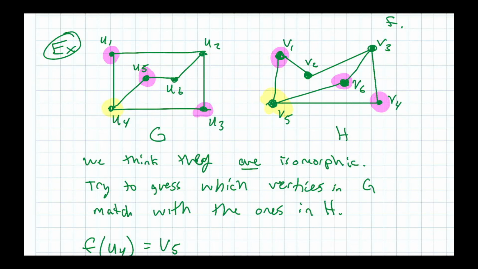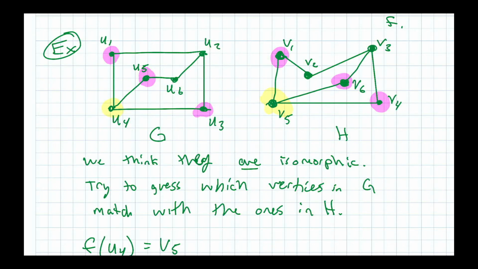Well, here you should be able to see, hopefully, that the equivalent of this middle path is basically this top path here, right? Because this is the corner, lower left corner. This is the upper right corner. You can tell that because this is degree 3 and this is degree 3. So U2 must be V3.